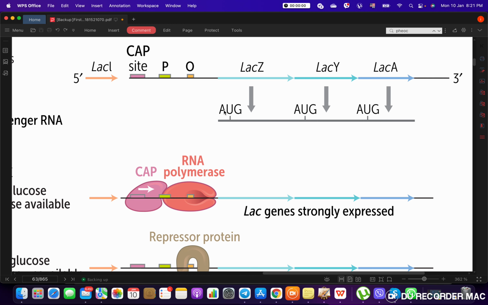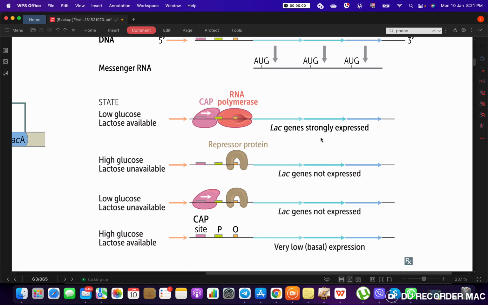And as you can see, all of them start with AUG. What is AUG? You are close, but it's not the stop, it's the start codon, which is the start of encoding for the 3 enzymes which metabolize the lactose.